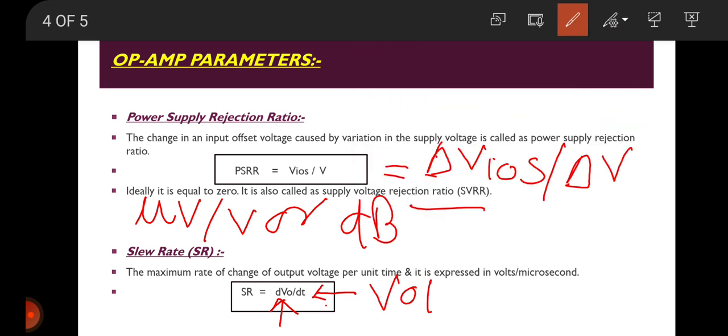It is expressed in volt per microsecond. The slew rate decides the capability of op-amp to change its output rapidly. It changes with voltage gain. Ideally, it should be infinite and practically as high as possible. For IC741, slew rate is 0.5 volt per microsecond.